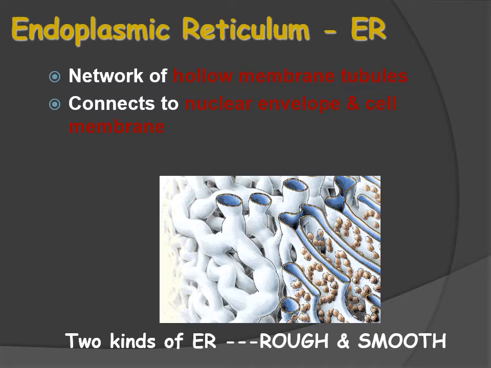That has ribosomes on the outer surface. It makes membrane proteins and proteins that are exported out of the cell. Smooth endoplasmic reticulum, or smooth ER, has no ribosomes present. It attaches to the ends of the rough ER and it makes products that are used inside the cell.